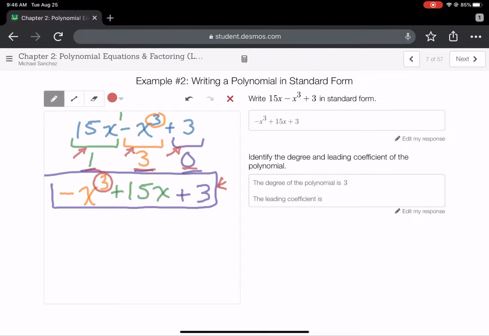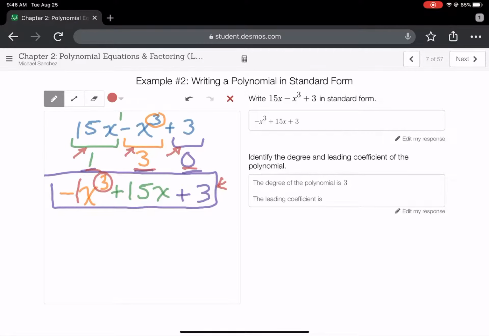And coefficient, that's the other. A coefficient is the number in front of the variable. So each of these two terms has a coefficient. The coefficient for this term is 15. The coefficient for this term is -1. We're looking for the leading coefficient.